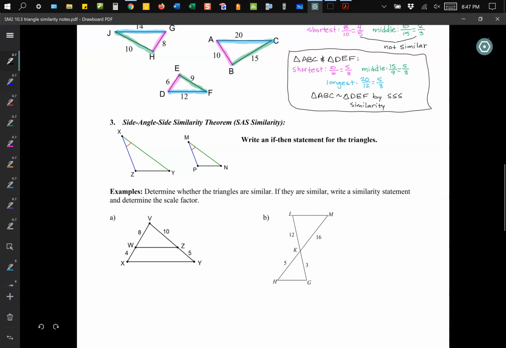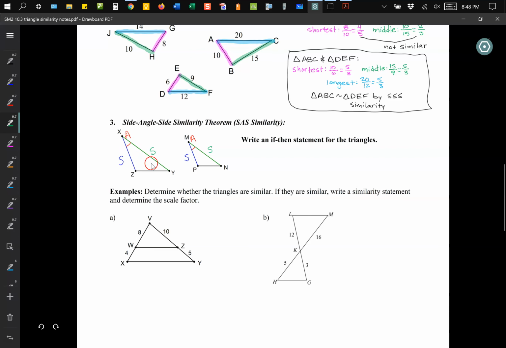And you can kind of look at it, if you see in the diagram, these blue ones that are labeled, those are sides. The red mark that's marked is an angle, and the green one that's marked here is a side. Notice that the angle is between the two sides. So what you need to know is that you have one angle that is congruent.